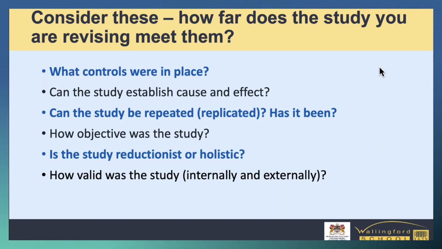Internal validity essentially means, are we measuring what we think we're measuring? If we set out to measure the duration of short-term memory or the encoding in long-term memory, are we actually doing that? External validity is how much that behavior that we've just measured actually applies to the real world.